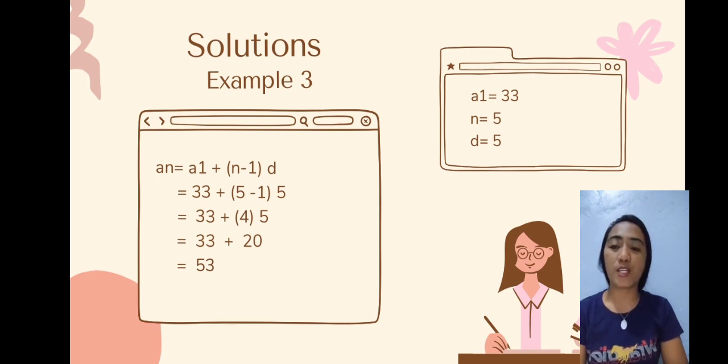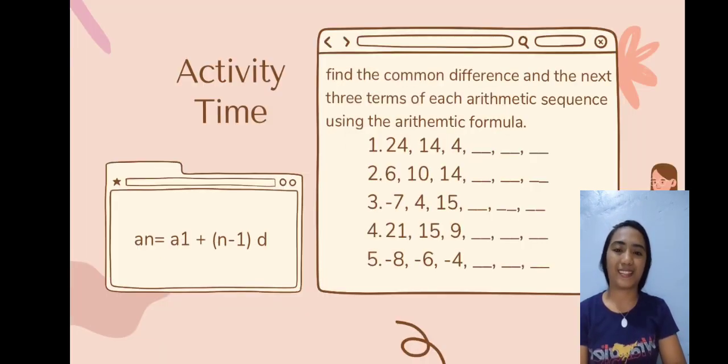So 5 minus 1 is equals to 4. So the result will be 33 plus 4 times 5. And then next is the multiplication. So 4 times 5 is equals to 20. So the result will be 33 plus 20. So we will add 33 plus 20. It is equals to 53. So the fifth term in example number 3 is 53.